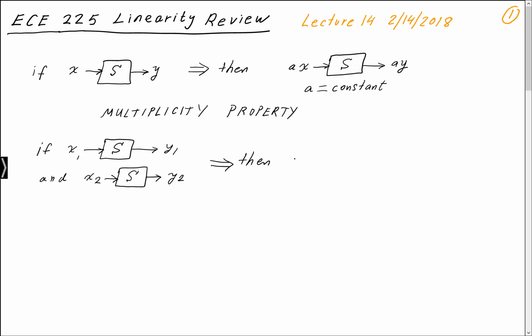Then, if the system input is replaced with ax1 plus bx2, in other words, instead of applying x1 as an input or x2 as an input, let's apply scaled versions of those inputs to the system, then if the result is a scaled version of the individual respective outputs, with A and B constants, then this is the so-called addition property.